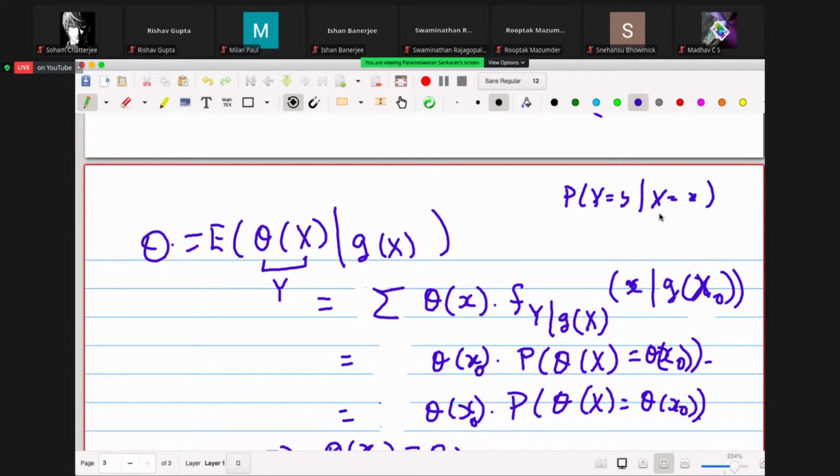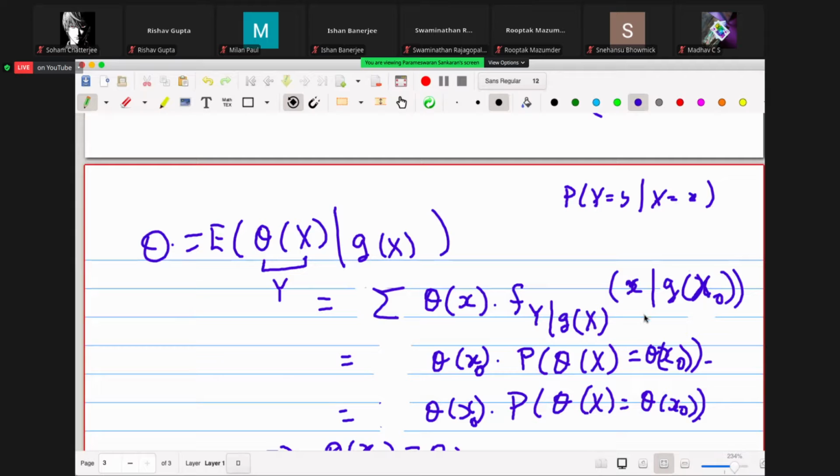It makes no sense unless x is in the range, and my g of x takes only a constant. So there is only one value that x can take. I forced it so that that value is the same as this theta x naught value.